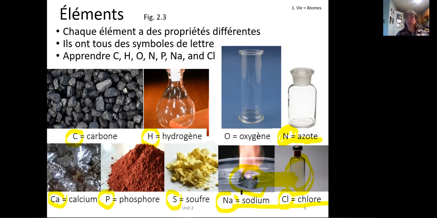NaCl is salt. Look at hydrogen. Hydrogen is a gas. Oxygen is a gas. When we combine hydrogen and oxygen, we get a liquid. So, how can you remember these elements that you need to know? CHONP, chomp, you can call it chomp, and NaCl is just salt, the parts of salt.